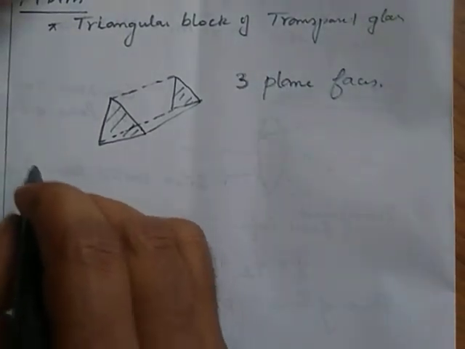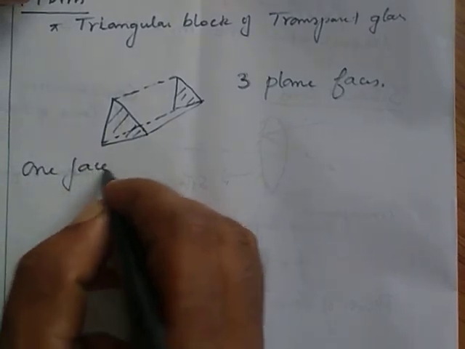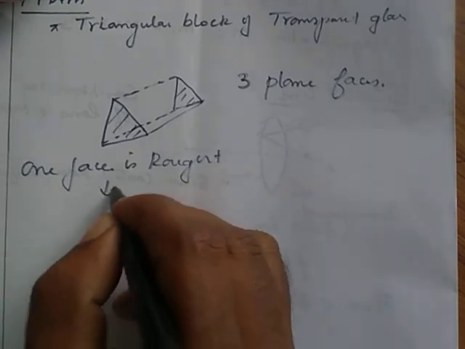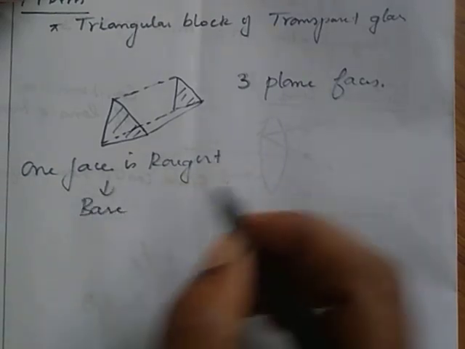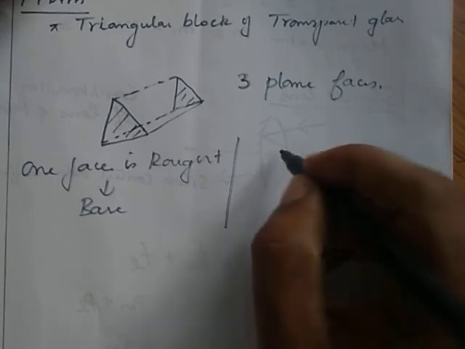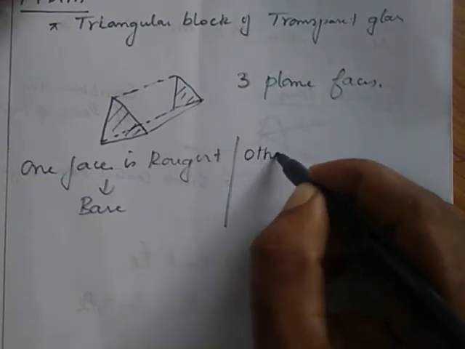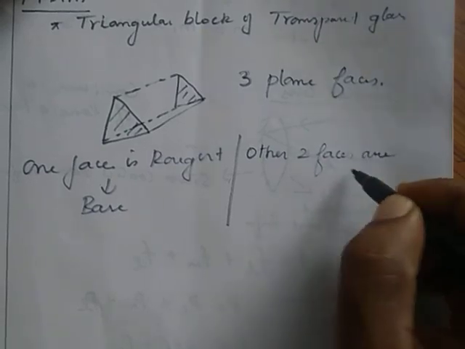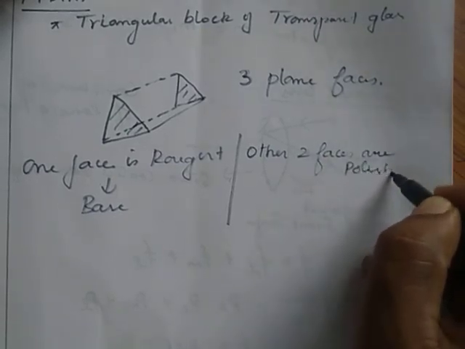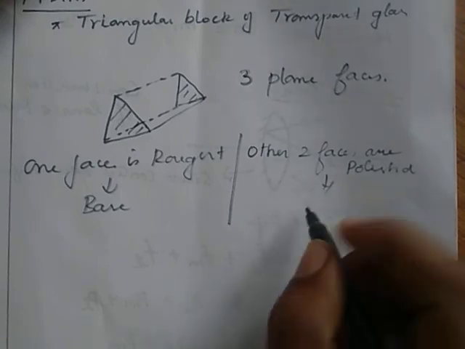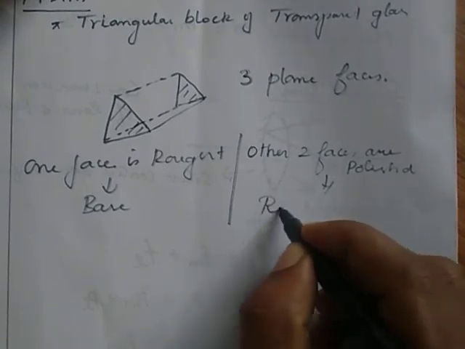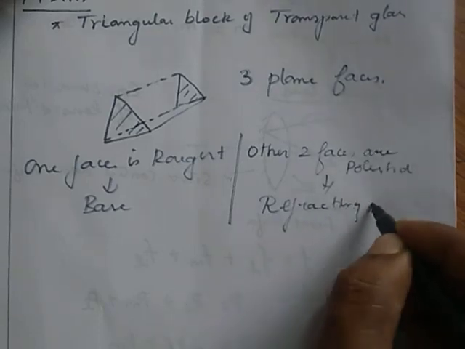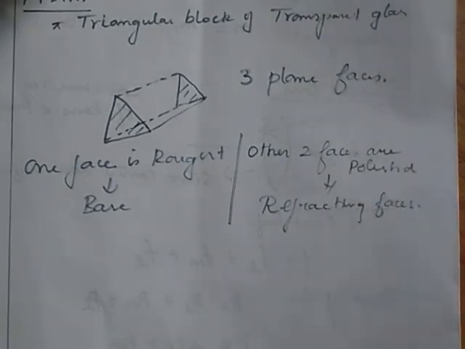One face is rough, that is known as the base of the prism. The other 2 faces are polished, that is known as refracting faces.